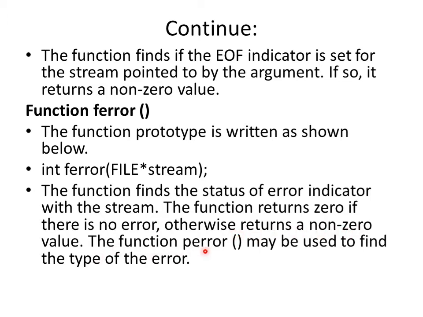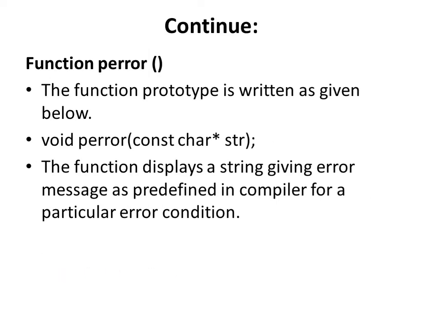The function perror may be used to find the type of the error. This is another function that can be used to find other types of errors. Here I am giving the syntax: void perror(const char *s).